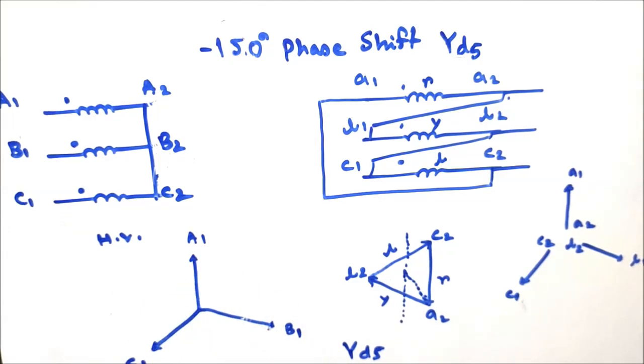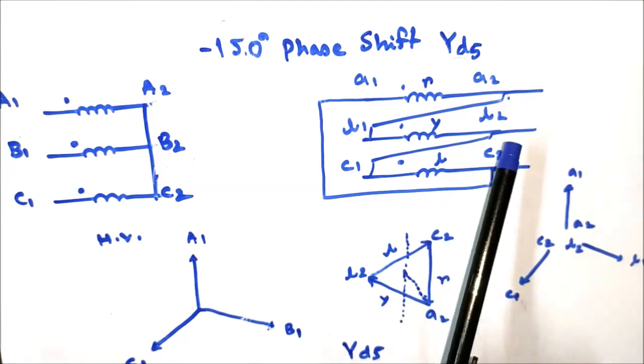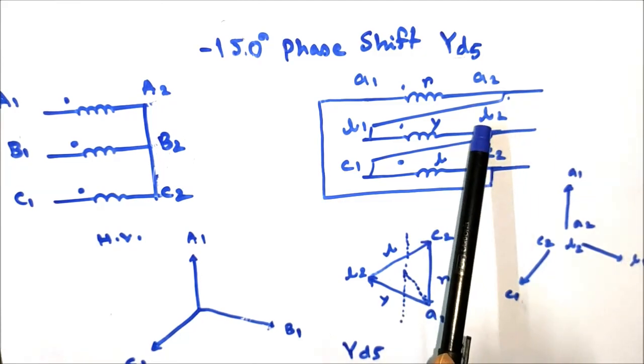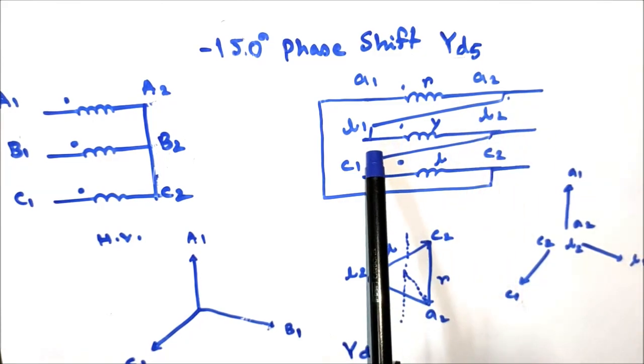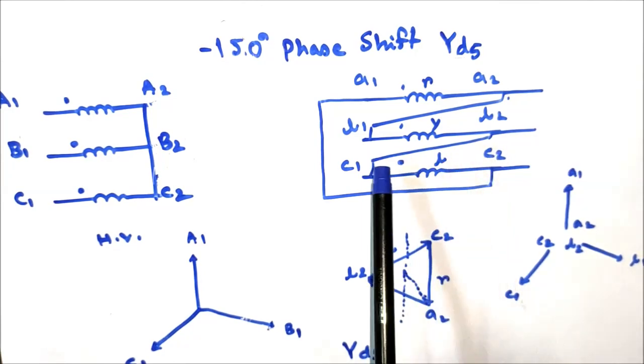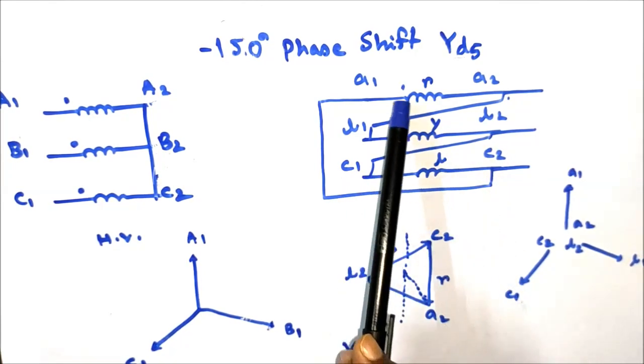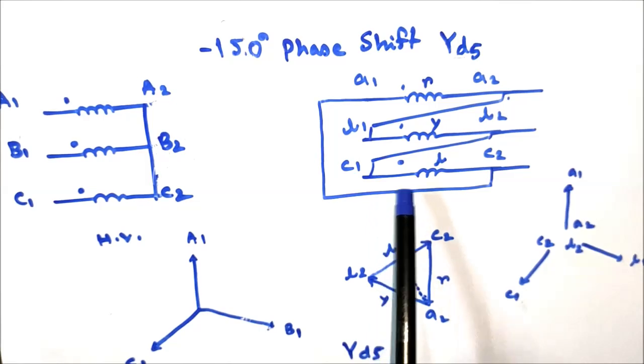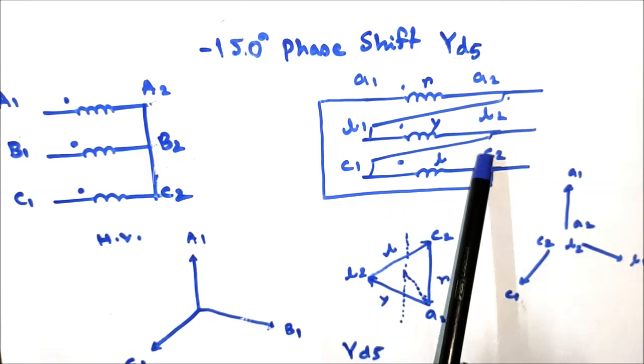Now for the LV side winding, to form the delta, A2 with B1 is shorted, B2 with C1 is shorted and C2 with A1 is shorted, and the connection terminals are A2, B2, C2.